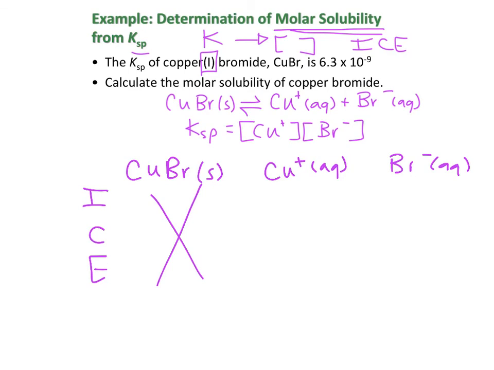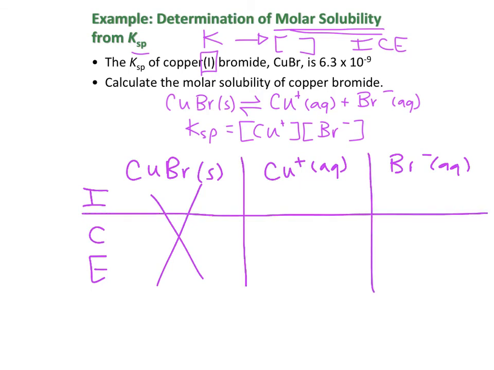If we are considering the fact that at the very initial point, so initially when you first throw this solid into water, there are no ions in solution. So for initial concentration, you have no ions just yet. When the change occurs is when you get ions, right? When it reaches equilibrium is when you have ions in solution. So at the very beginning, there's no ions in solution, so we have 0.